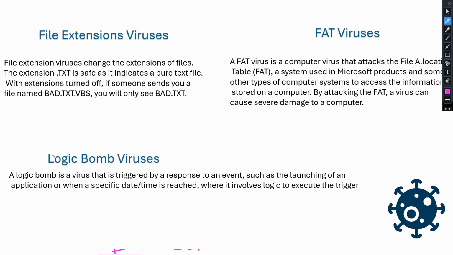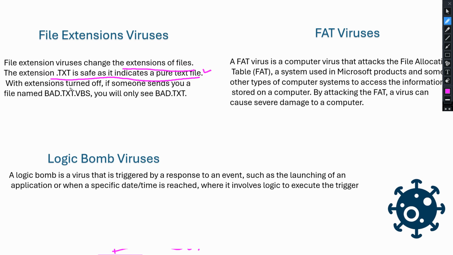So, file extension viruses, from the name itself, file extensions, like .txt or .docx, .exe, .pdf, .jpg, these all are extensions. So file extension viruses change the extension of the files. Interesting. The extension .txt is safe as it indicates a pure text file.